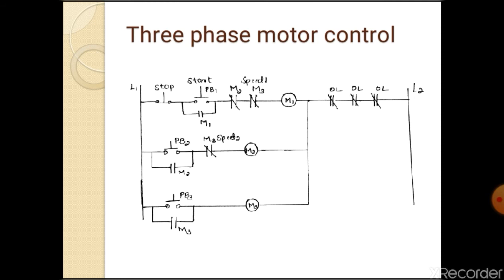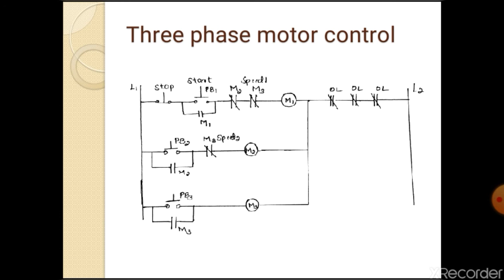When the start push button is pressed, the motor M1 will be running through NC M2 and M3 with speed 1. If PV2 is pressed, the motor M2 will get energized.